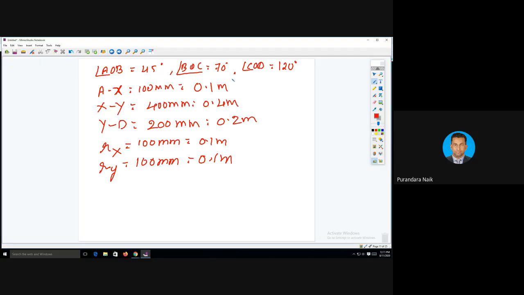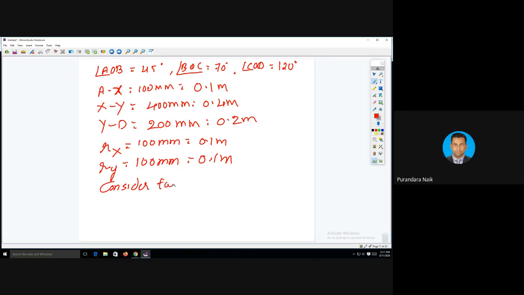The next one is the displacement, the space diagram. We need to go for the space diagram. Okay, so let us consider the two unknown masses.